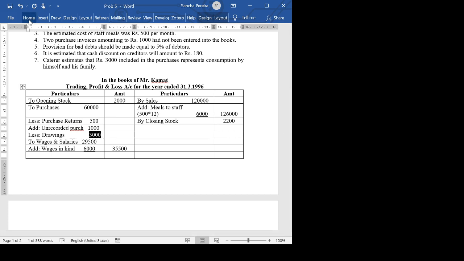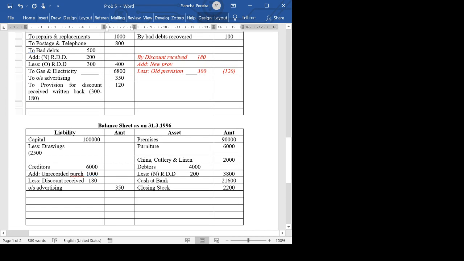So this comes to 61,000 minus 3,000 will be 58,000. 57,500. There are all the adjustments that comes to 57,500, and the same thing has to be added to drawings here, plus 3,000, that comes to 5,500.